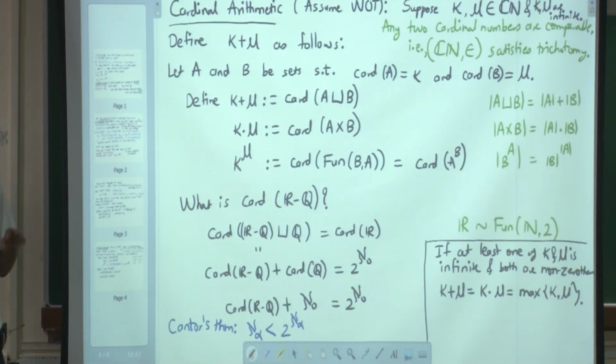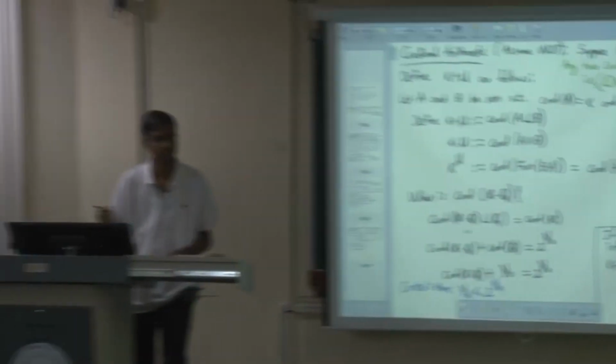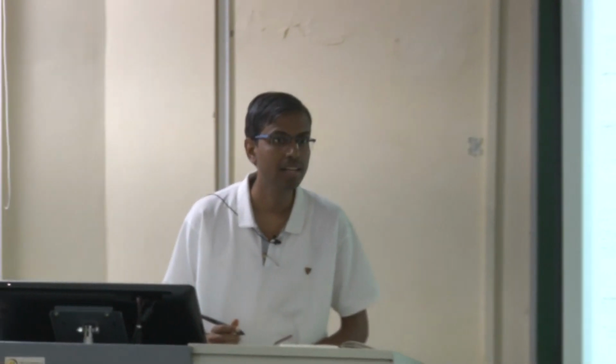That the cardinality of the power set is strictly bigger. What is the power set? We have seen this, that the power set is nothing but functions from that set to 2. So Cantor's theorem tells us that kappa is less than 2 to the kappa for every cardinal kappa. So this is true.